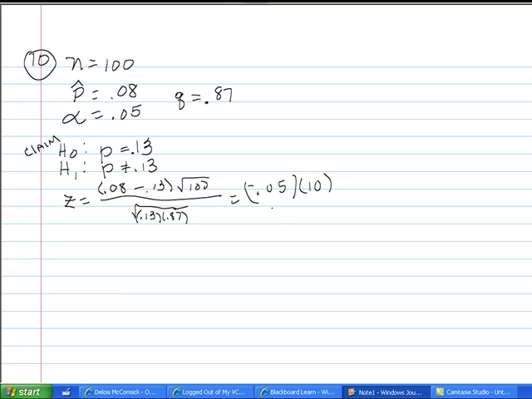I'm just going to leave that for now. Alright, so negative 0.05 times 10 equals, and then divided by the square root of 0.13 times 0.87. And I'm getting negative 1.49 is my test statistic.